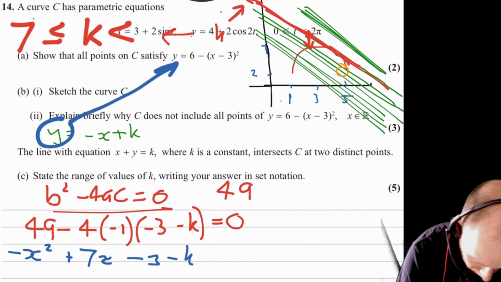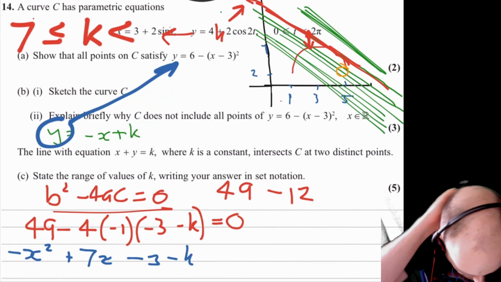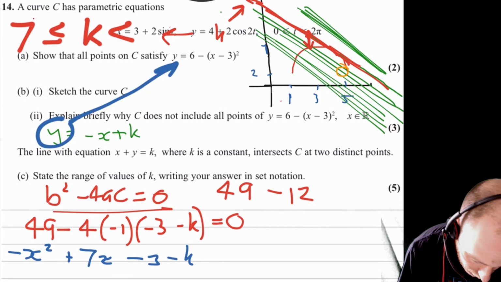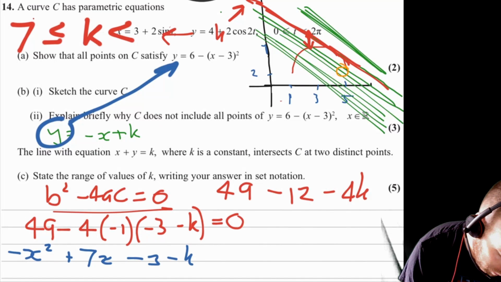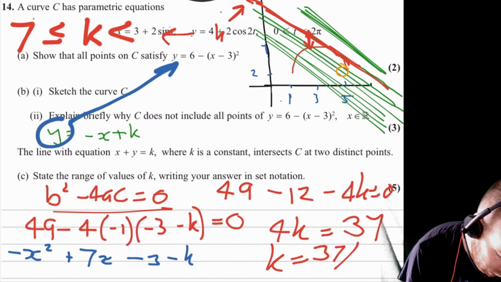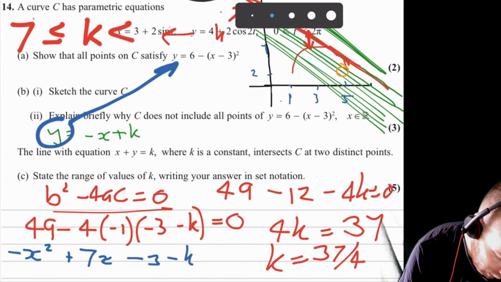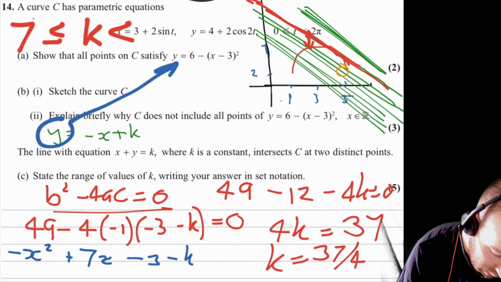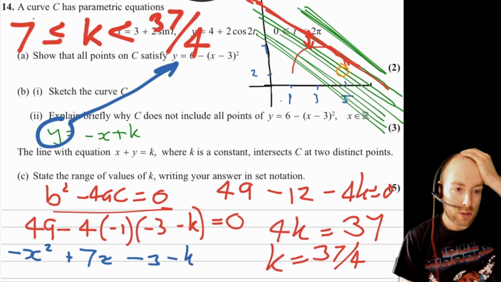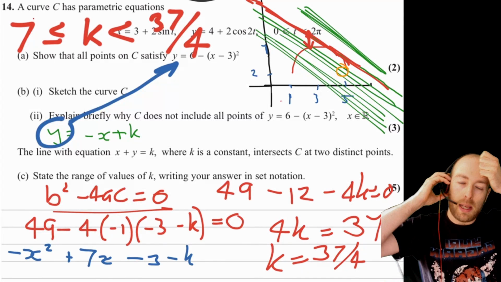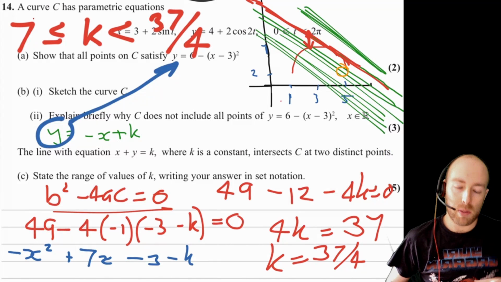We're going to get minus 12 and minus 4k equals 0. So 4k equals 37. So k is 37 over 4. So that's my upper bound. This equation, 37 over 4. And it's got to be a less than or equal to sign, and it's got to be a less than or equal to sign for the bit lower than 7.